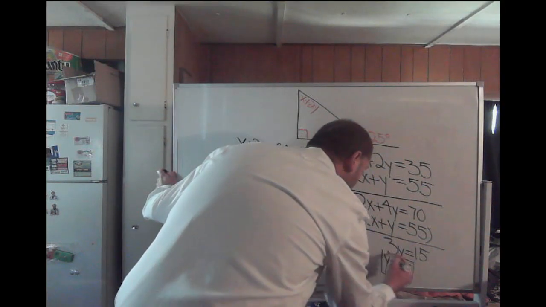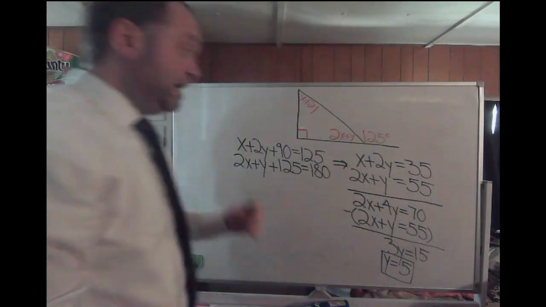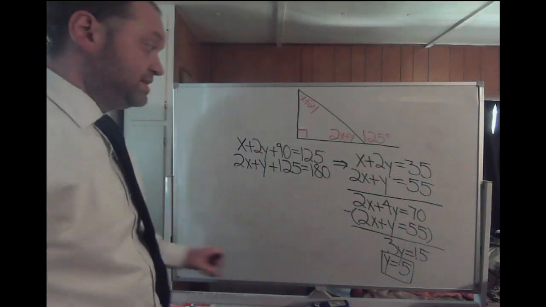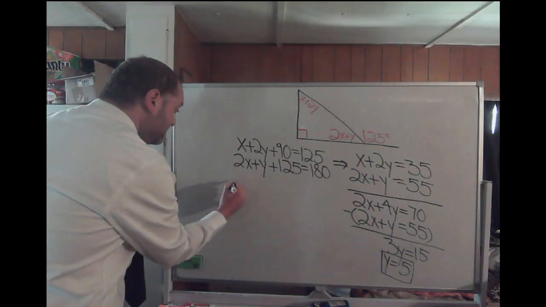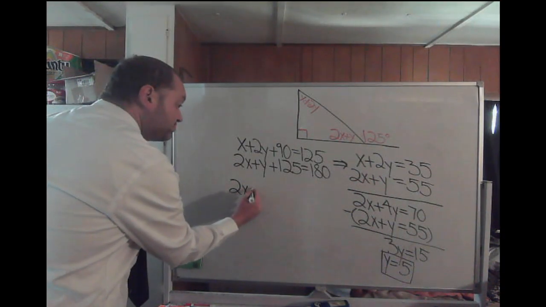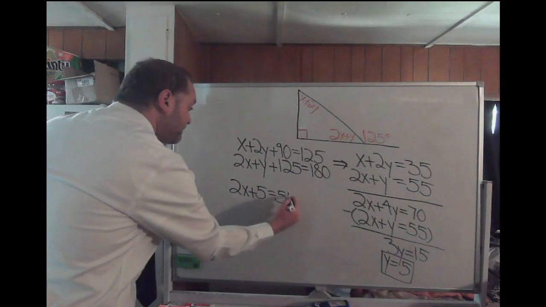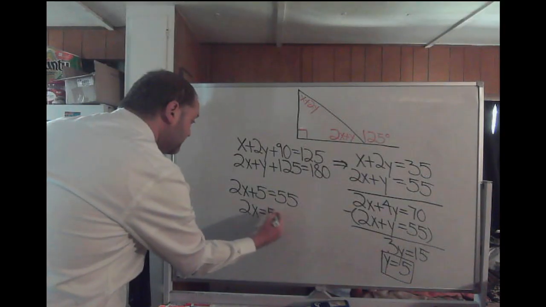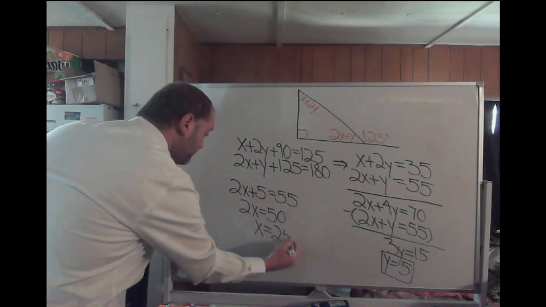So now we have identified that y equals 5. So now in order to solve for x, we just put that y value into one of these equations in the system and we can solve for x. So let's see, 2x plus 5 equals 55, which means that 2x equals 50, which therefore means x would equal 25.